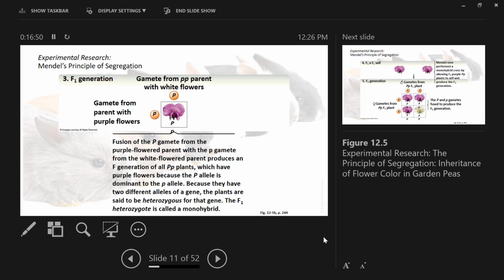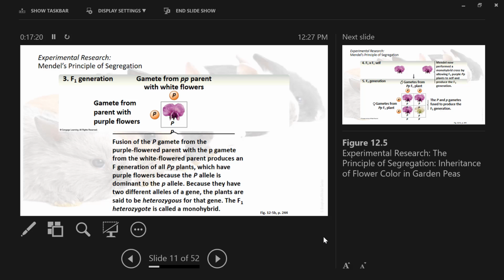And so this is basically the principle of segregation, or the law of segregation, that a purple flowered individual that is true breeding can only make gametes with that purple trait. And if they aren't true breeding, then they can make gametes that have the purple trait or the white trait. And that they segregate. Those 2 factors segregate from each other in the gamete formation.